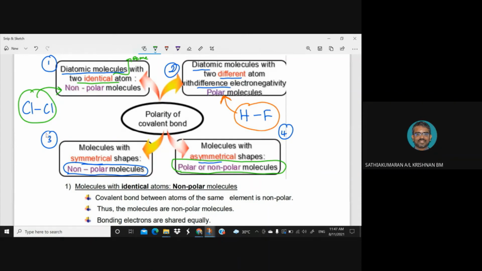Now we want to do 3 and 4. In 3 and 4, your molecule will have more atoms, more bond dipoles, more polar arrows. So how can I identify polar or non-polar? That is case number 3 and number 4, so we want to do that now.